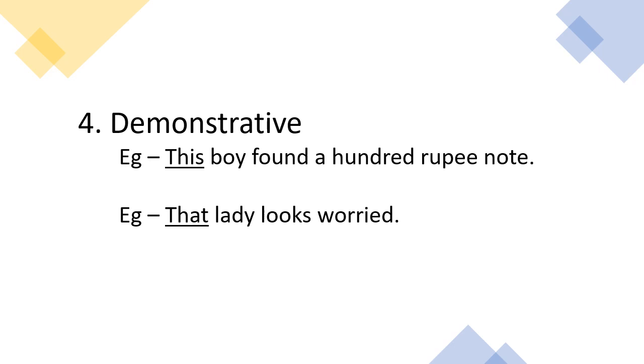Remember, boy here is a noun. Therefore, it talks about a particular boy, that is this boy. Next we have, that lady looks worried. Here also lady is a noun, and that describes the lady. So we are talking of a particular person, that lady, and no other person. Therefore it demonstrates a noun.